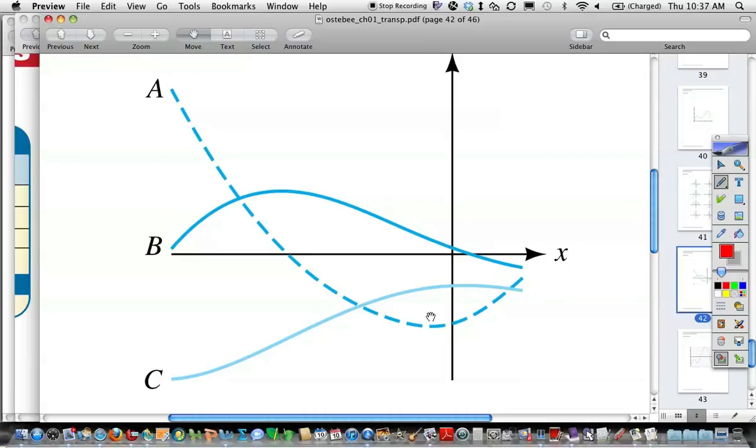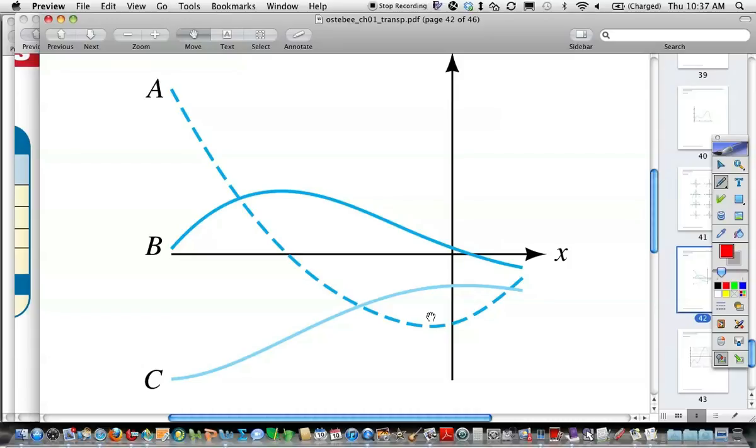Now, what you're supposed to do here is identify, in the directions on page 70, this is another question that's probably going to be on the quiz next week. You've got 3 graphs. One of them is F, one of them is F prime, and one of them is F double prime.